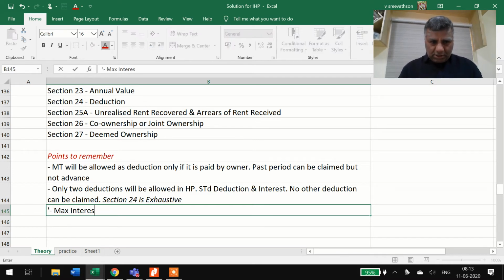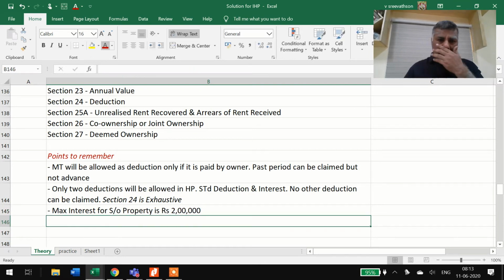Maximum interest for a self-occupied property is rupees 2 lakhs. You can claim only rupees 2 lakhs, not more than that.